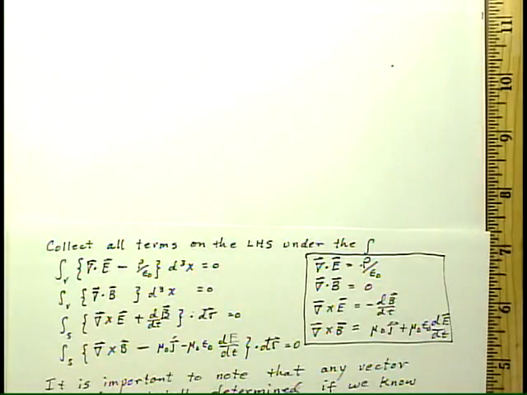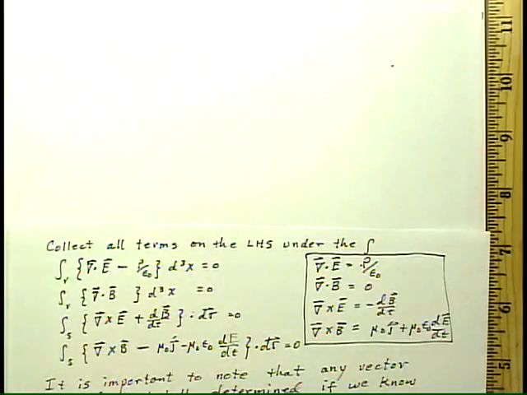The important thing to note is that if we have any vector field, and by vector field, remember, that's a vector which depends upon the position and possibly the time, so it's a function of x, y, z, and t.